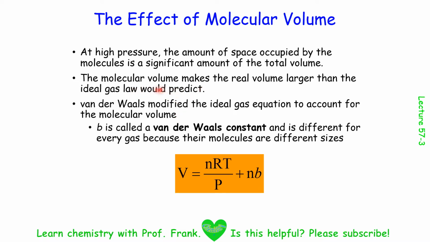In order to compensate for that deviation, van der Waals modified the ideal gas law equation. From the ideal gas law, PV equals nRT, we can write V equals nRT over P, but he added one more term, nb. So b is called the van der Waals constant, and that constant is different for every gas because their particles have different sizes.